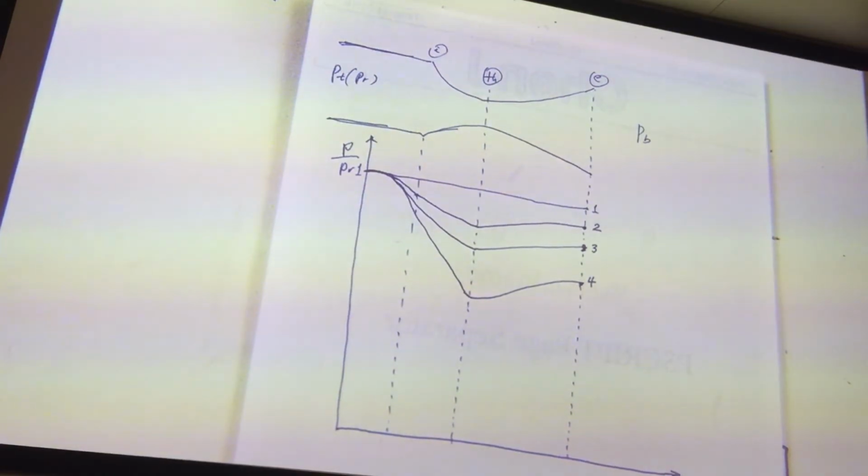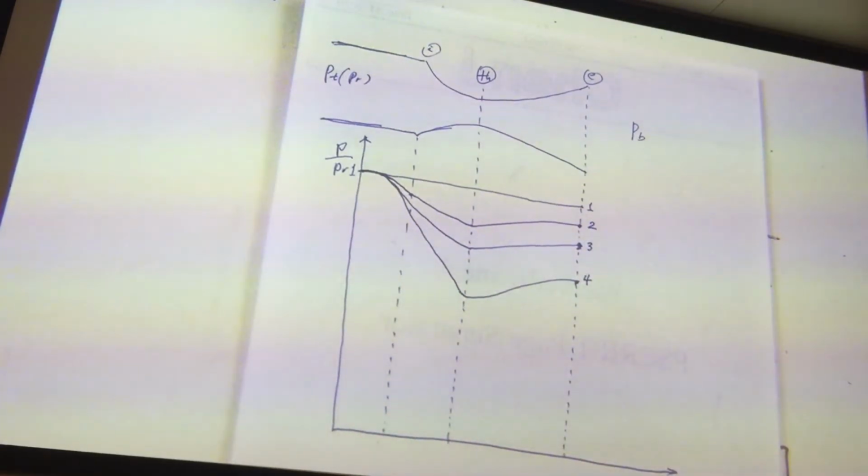Now, I will call the back pressure corresponding to this condition 4 the critical back pressure, below which, if I decrease the back pressure, the flow will not recover anymore.